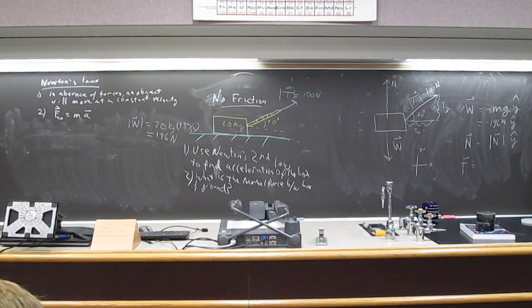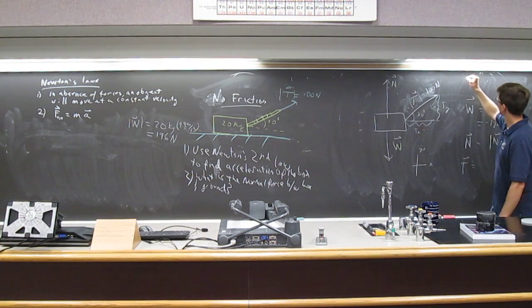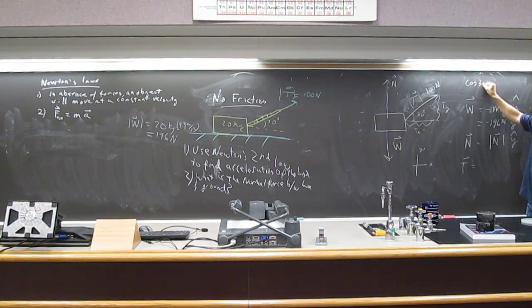So it would be adjacent over hypotenuse. Yeah, so cosine of 30 degrees would be Tx over the magnitude of the tension. So that means that the amount of the tension in the x direction is the magnitude of the tension times cosine of 30 degrees.